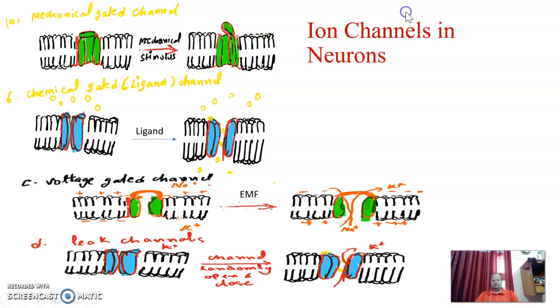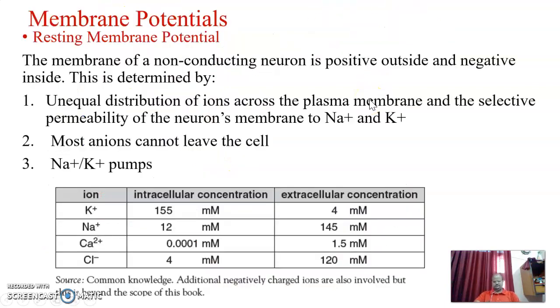So in a cell there is a resting membrane potential, which is during the normal state. In the resting state, that potential is developed due to the difference in ions. Basically, the inside of the membrane is negative in comparison to the outside environment of the cell.